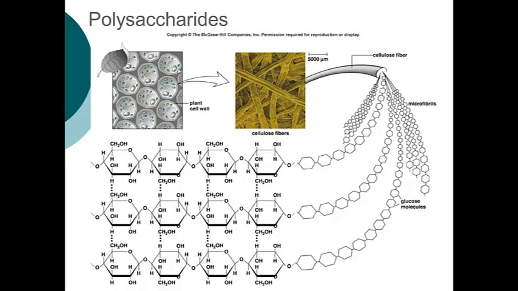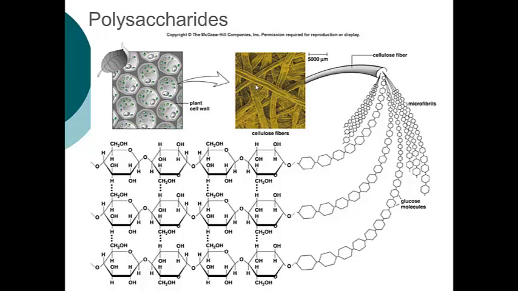To take a look at the organization of polysaccharides in plants, if you were to look here at a cross-section of a leaf and see these plant cells in an array, if we were to look closely at just the plant cell wall, we would see these overlapping cellulose fibers.